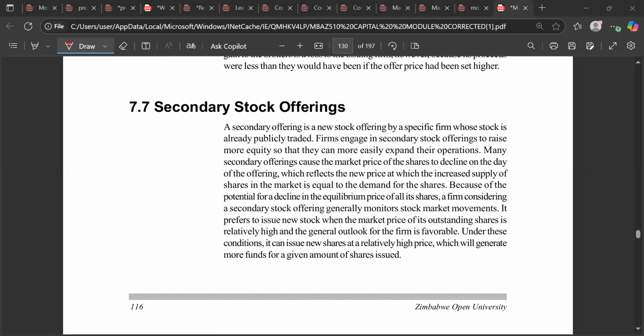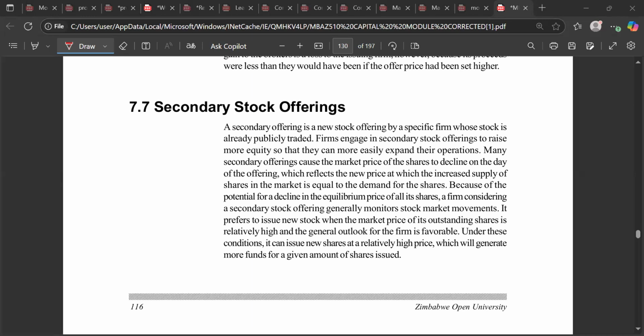This dilutes existing ownership and temporarily depresses the stock price. Firms time offerings when market sentiment and share price are strong, so the firm may monitor technical indicators as well as PE ratios and other conditions before launching a secondary offering.